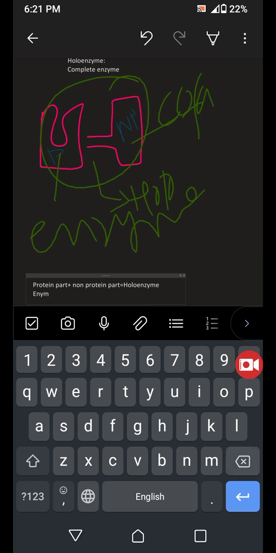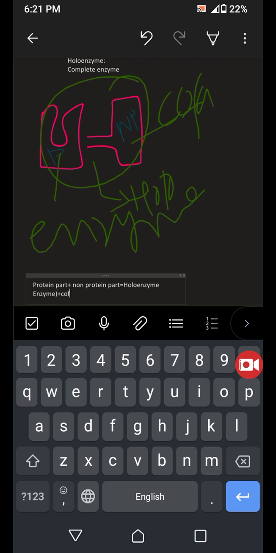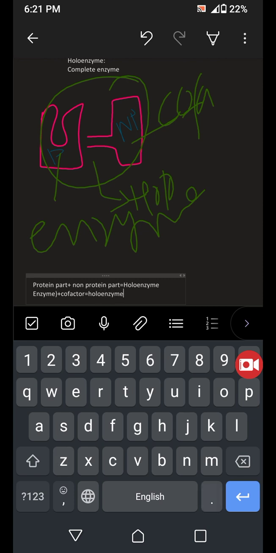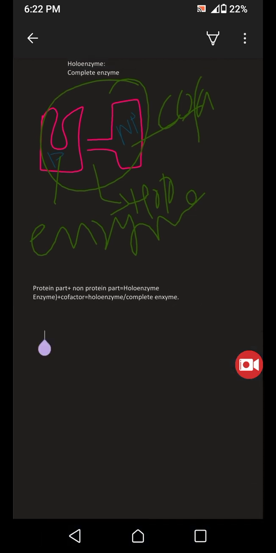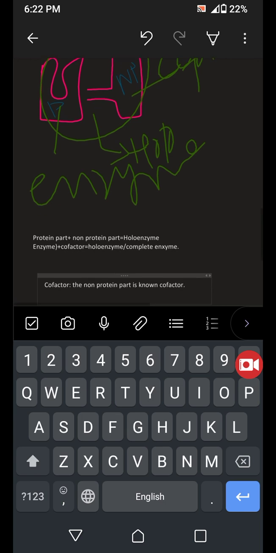Now let me write about the cofactor. The non-protein part that is attached with the enzyme is known as the cofactor.